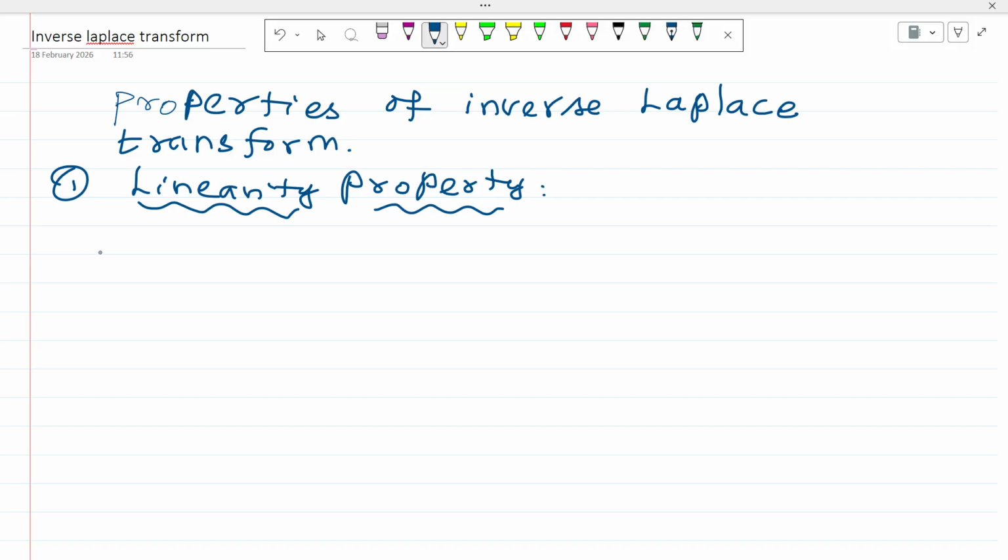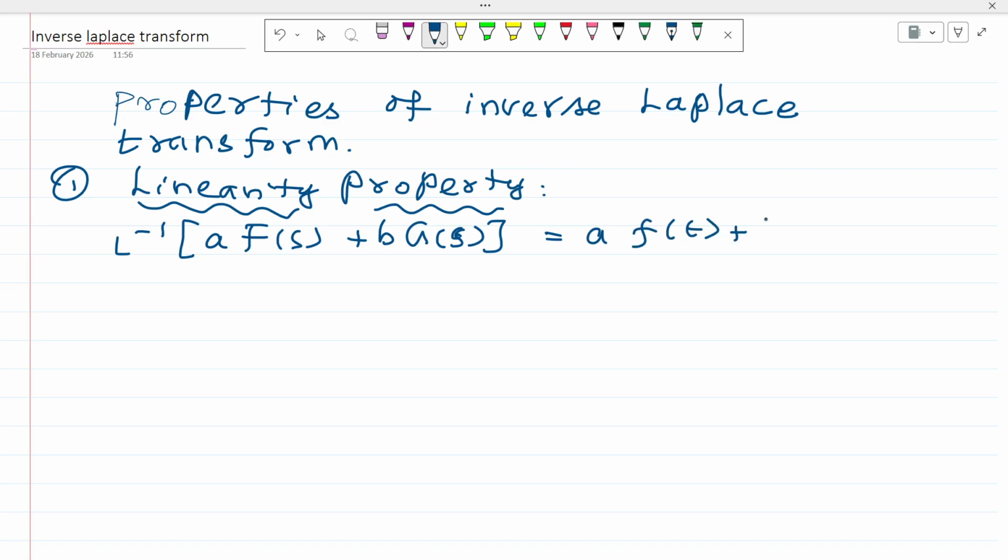Okay, please listen. The linearity property is: L inverse of a f of s plus b g of s is equal to a f of t plus b g of t. It is the linearity property.